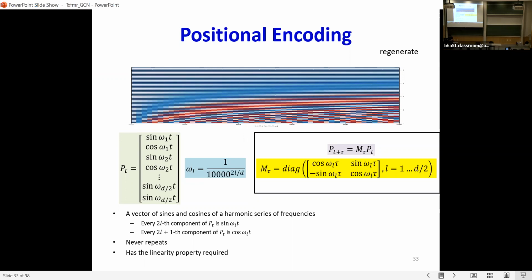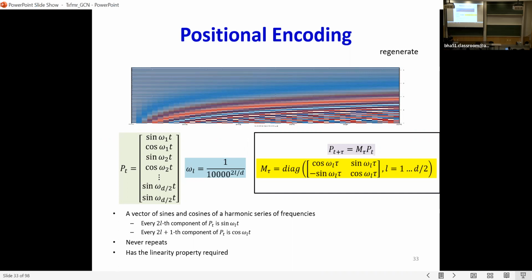So I'm not going to do the derivation of that. But that's it. And that usually works very well. If you're wondering if you prefer to learn positional encodings instead with parameters, yes, you can. The initial Transformer paper says that it's pretty much equivalent.